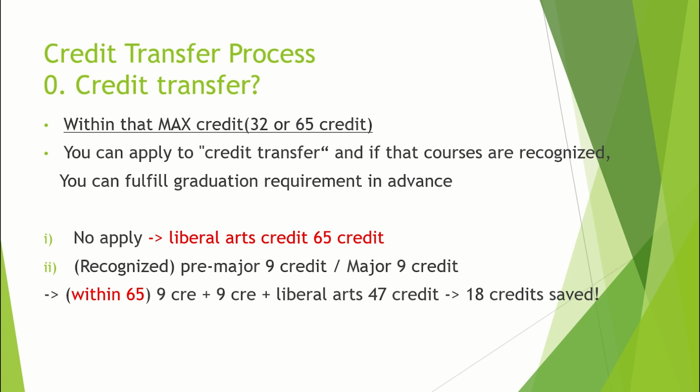Then, within the basic point, if some courses of your previous university are recognized, each recognized course can be regarded as a requirement, like mandatory courses and major courses you need to graduate. For example, if more of your courses are recognized, you will fulfill the requirements in advance compared to other students and find it easier to graduate.